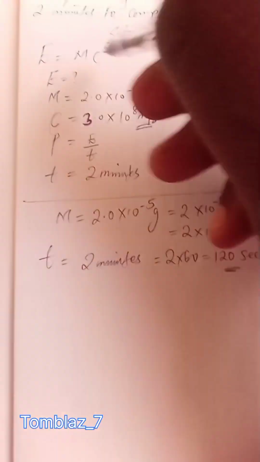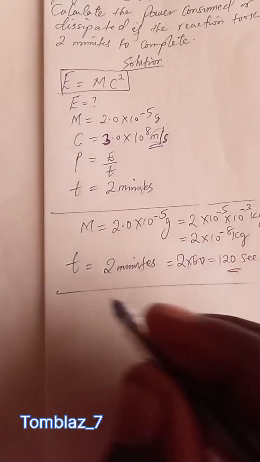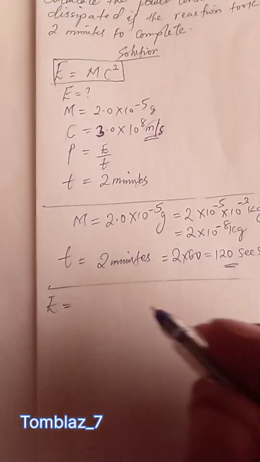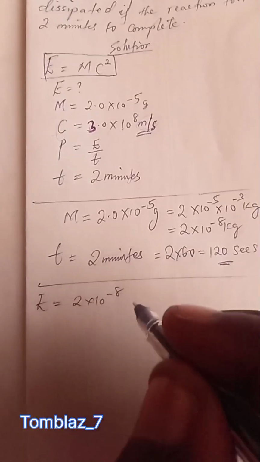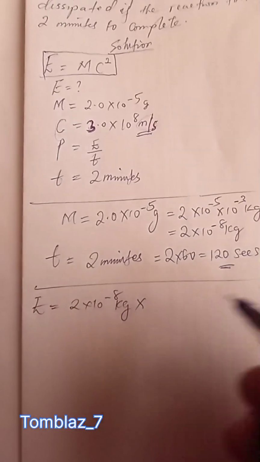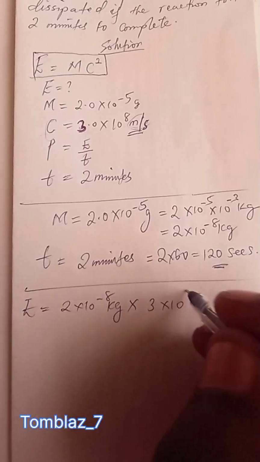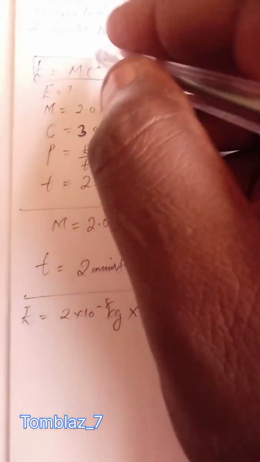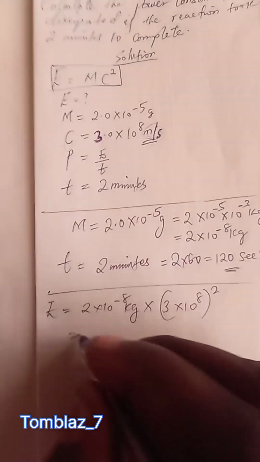But first, let's use the Einstein's equation to find what? Our energy released. So E is equal to the mass, which is 2 times 10 raised to power minus 8 kilograms, times velocity of light, 3 times 10 raised to power 8, and C is squared in the equation, so we'll put square here.